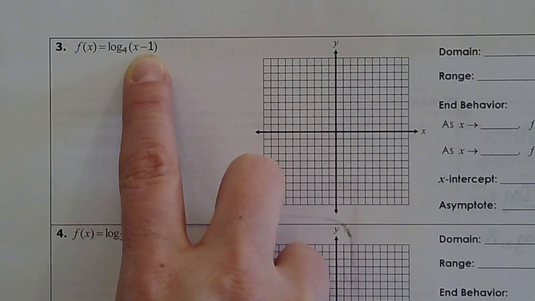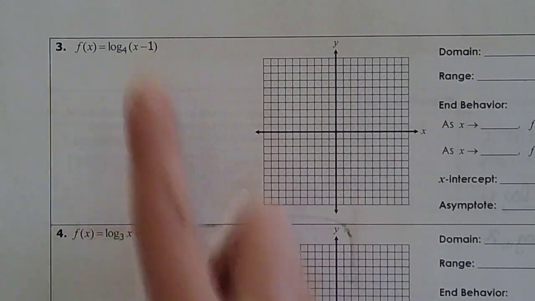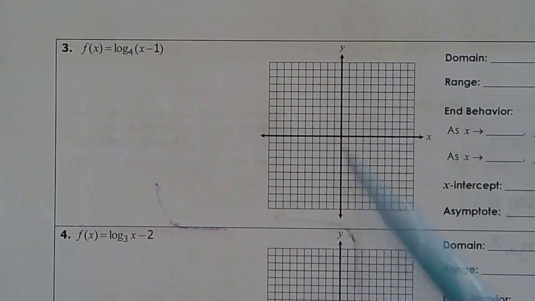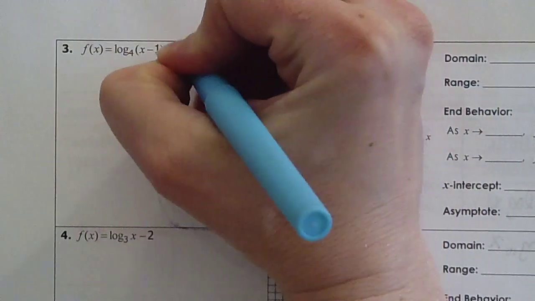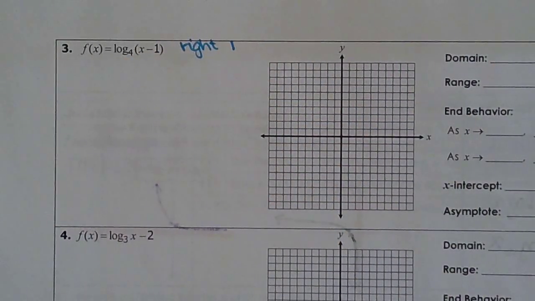It's going to shift it left or right, up or down? Left. Right, x is always opposite. So this is a standard function shifted to the right by 1. Now we're going to see in a minute when we identify our inverse, it's going to have the opposite transformation.